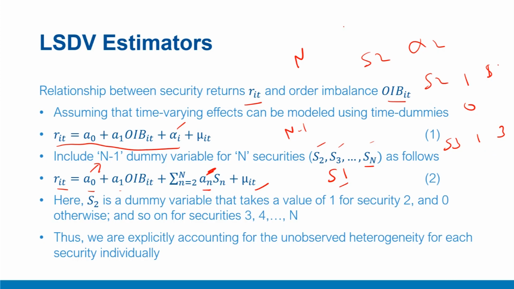The coefficient corresponding to S2, which is alpha 2, reflects the impact of this particular dummy variable or unobserved heterogeneity corresponding to security 2 on returns. Similarly, alpha 3 would represent the unobserved heterogeneity impact of security 3 on returns and so on, while alpha naught here would account for the impact of unobserved heterogeneity corresponding to security 1, which is not here in this model but by design will get loaded here.